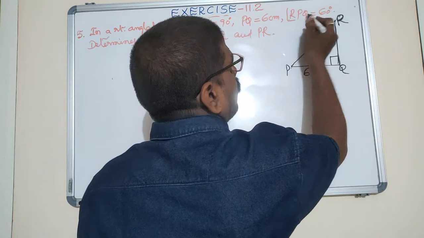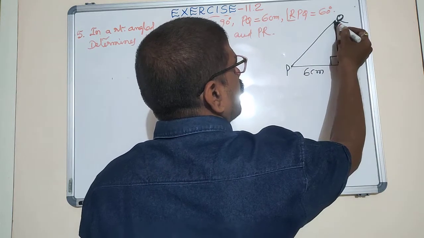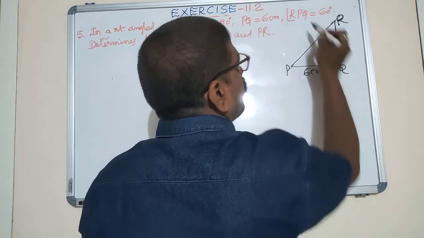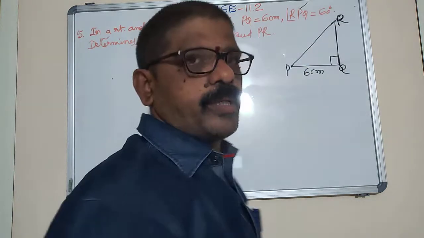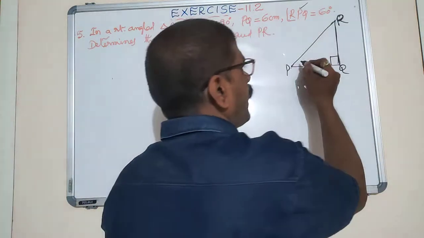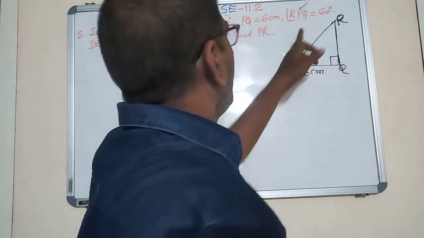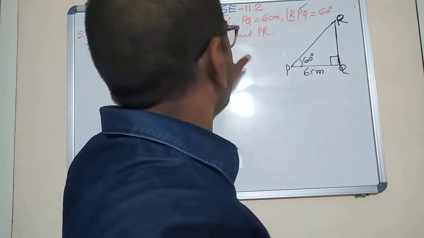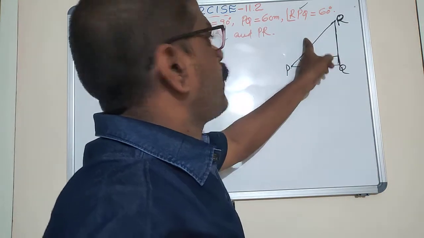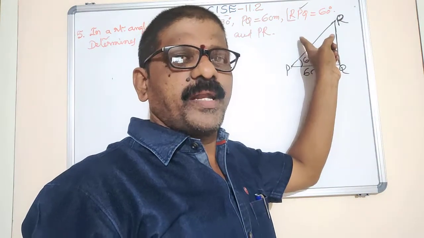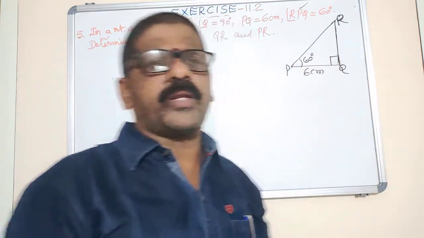Now, angle RPQ means P is given. Angle P is given to be 60 degrees. Clear? Now we have to find the lengths of QR and PR. Understood? We can take any trigonometric ratio. Why?